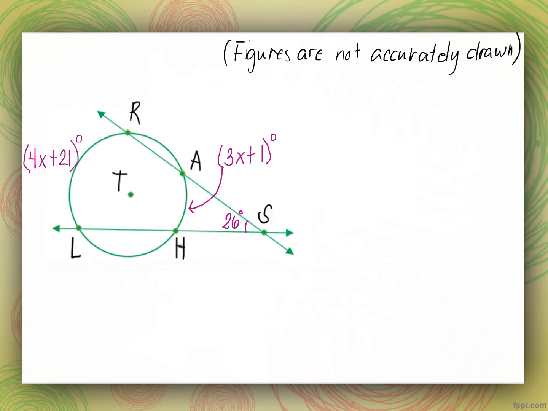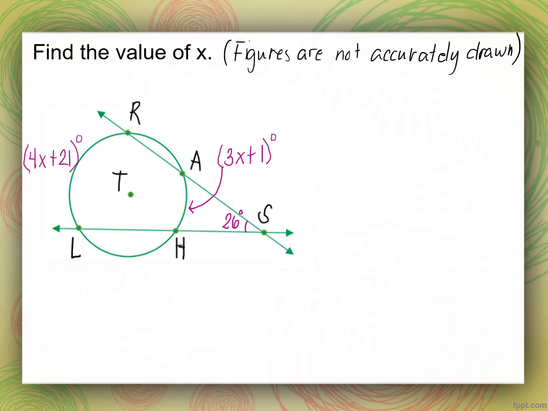Okay, let's have this one, find the value of x. So we have here circle T, and you have two secant lines here which intersect at an exterior point S. So we can follow the formula that we have just learned, okay, which is that the measure of angle RSL.